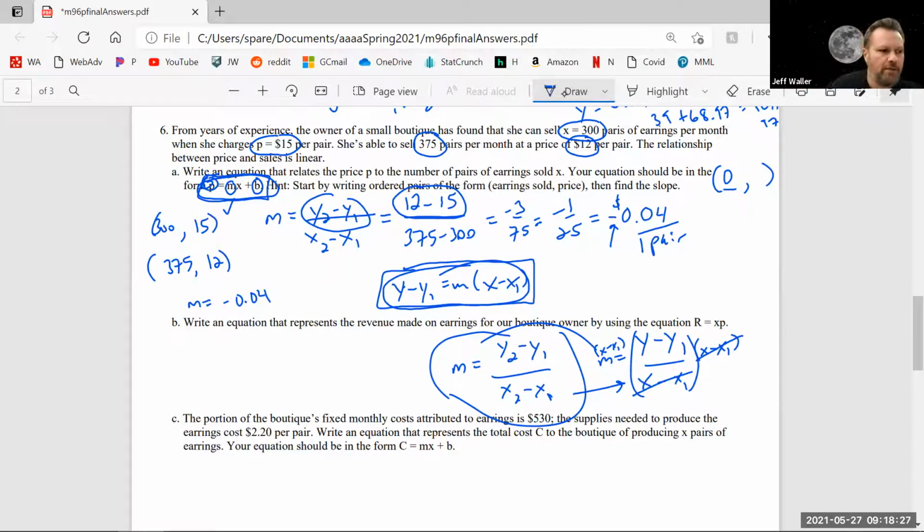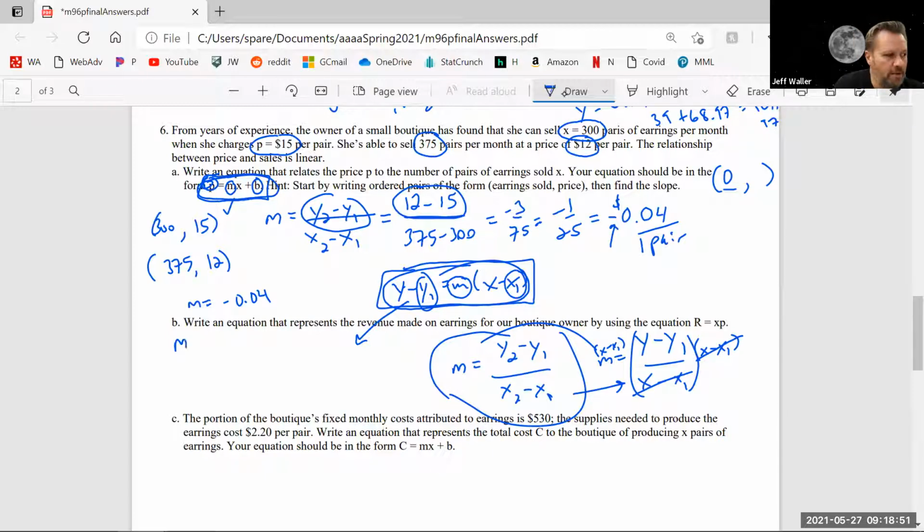So how does this get used then, Jeff? All right, calm down. What does M mean? Negative 0.04. Sure, it means the slope, and the slope is negative 0.04. I like it. And then x1, y1 is just a point.